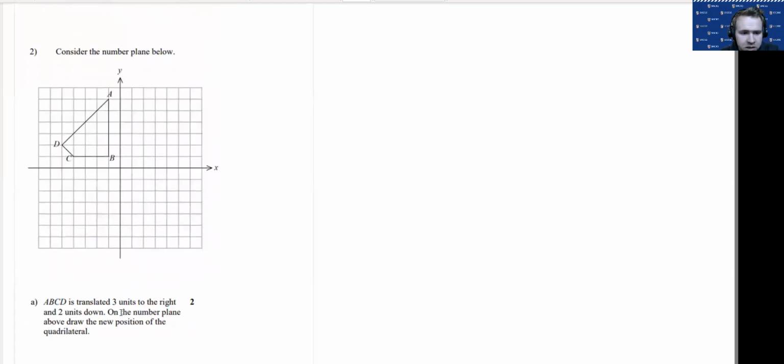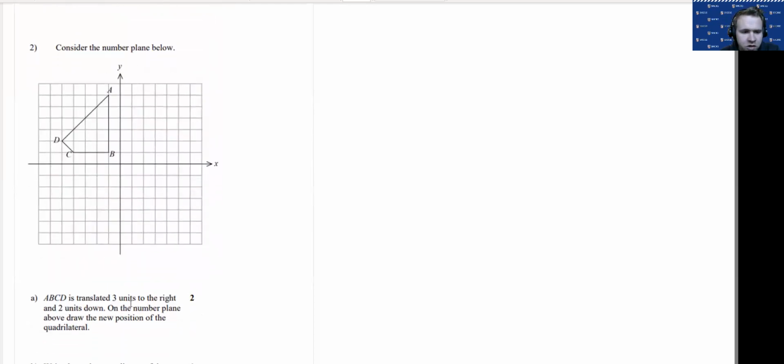This one's a transformations question. It's translated 3 units to the right and 2 units down. So all we've got to do is look at each individual point. 1, 2, 3, 1, 2, and we've got A dash. Remember to write the dash, it means it's changed, it's the image of, it's had a translation. B, we move 1, 2, 3, 1, 2 down here, B dash.